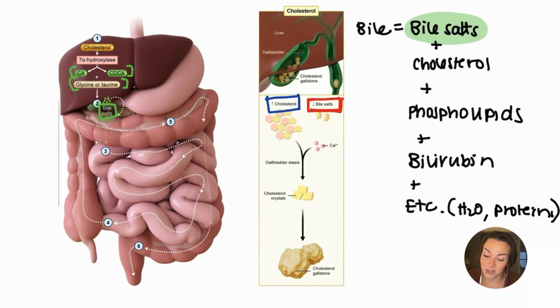So our risk factors for gallstones are either going to be things that decrease the amount of bile salts that we have available to emulsify and dissolve the cholesterol in the bile, or things that increase the amount of cholesterol in the bile so much that it overpowers all those bile salts. Both of those downstream will lead to gallstones.